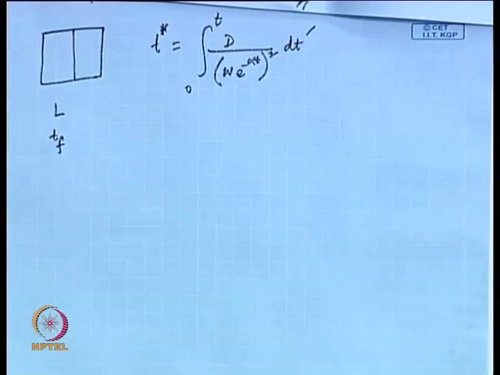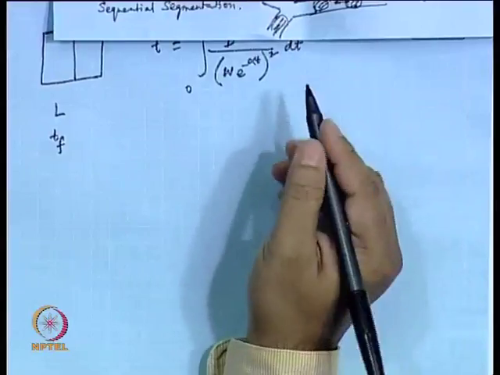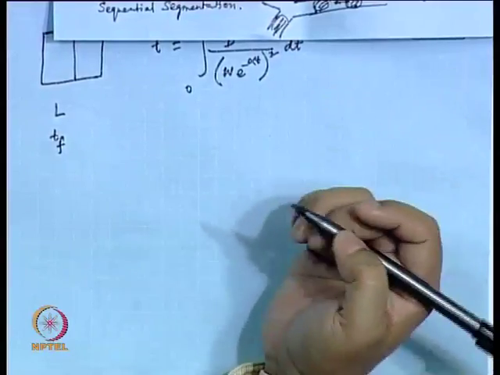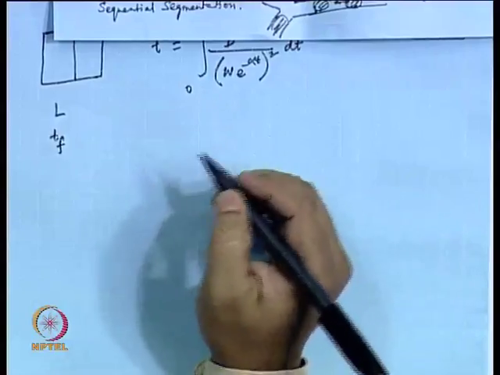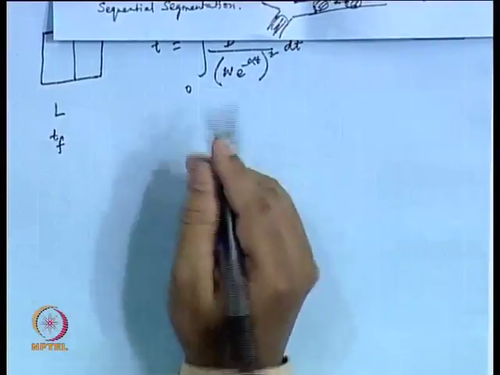Up to time T f, all this mixing, all this stretching, folding, everything is taking place over this time T f. So, then you know that this L divided by T f is nothing but the velocity u. That is how you define them. So, what you get here is basically delta.